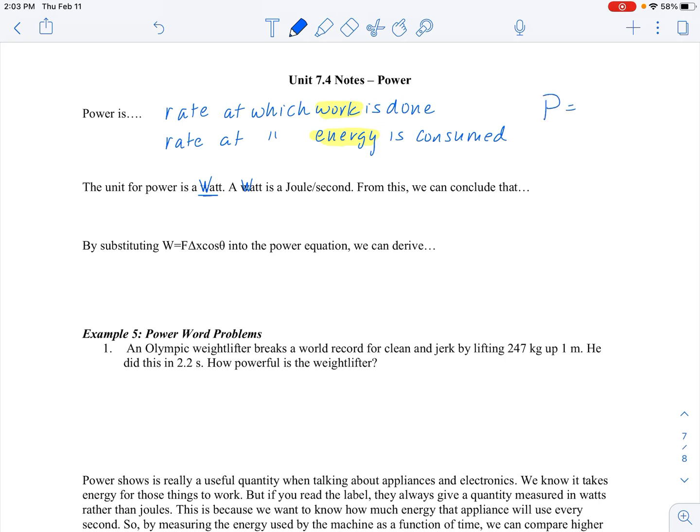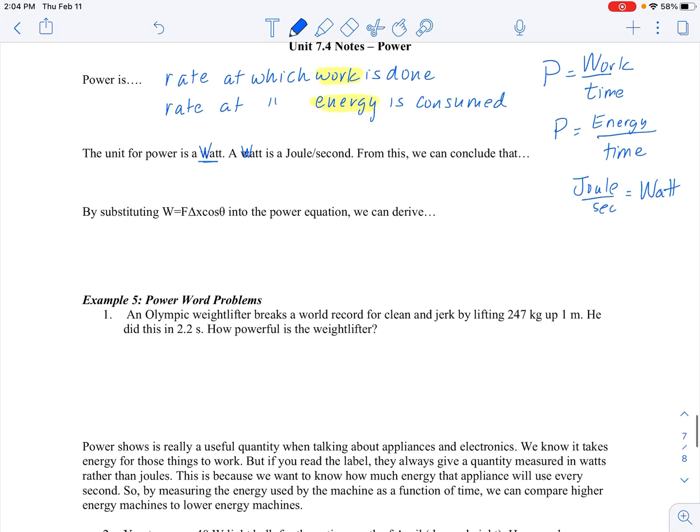A watt is a joule per second. So if power is a rate, it's going to be either the work over time, or we can think of it as energy consumed over time. And then again, the units for that would be joule per second, which is a watt, named after another physicist.